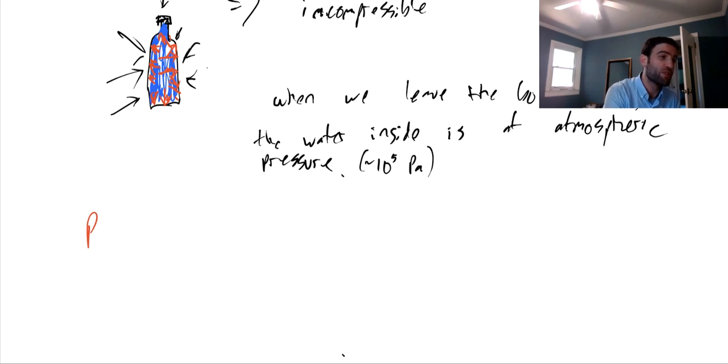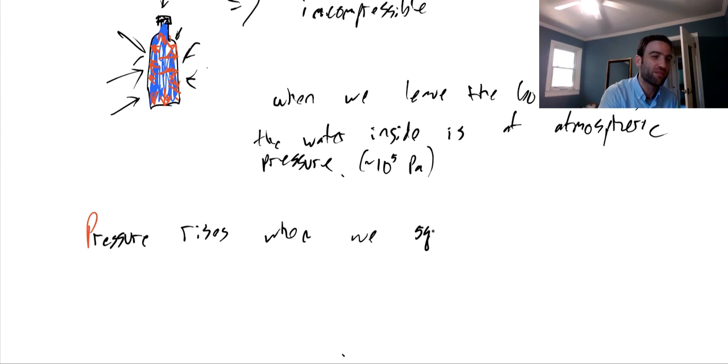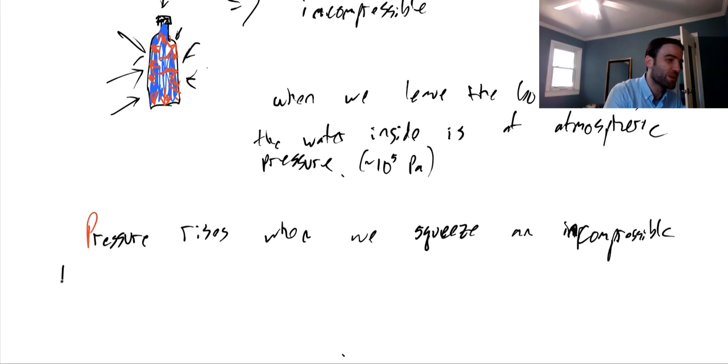So pressure rises when we squeeze an incompressible liquid. And how does the pressure rise?